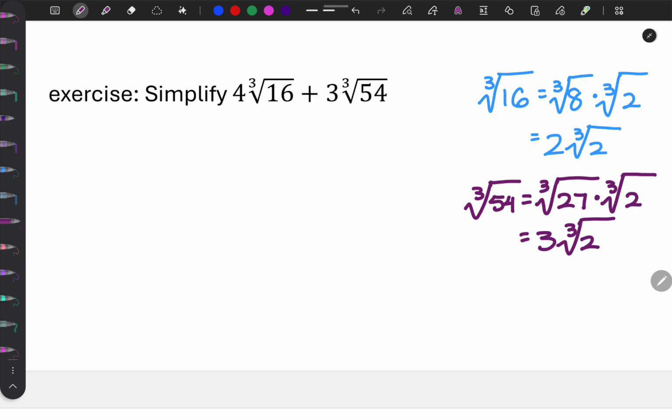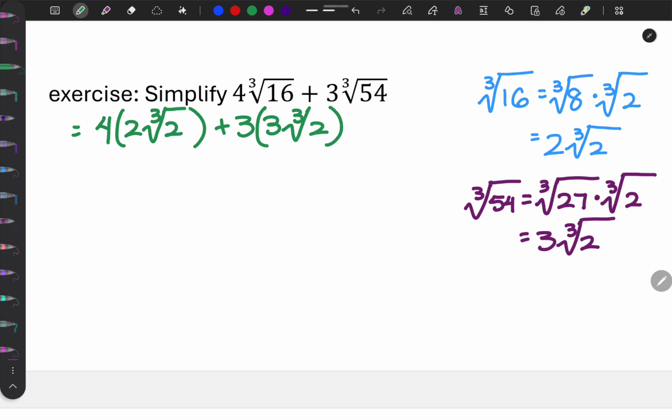Now let's put both of these back into our original expression, but let's put those coefficients back in. So we actually started with a 4, and then instead of the cube root of 16, I will put in brackets that is equivalent to 2 times the cube root of 2. And then for our second term, plus 3. And instead of the cube root of 54, I will replace that with 3 times the cube root of 2.